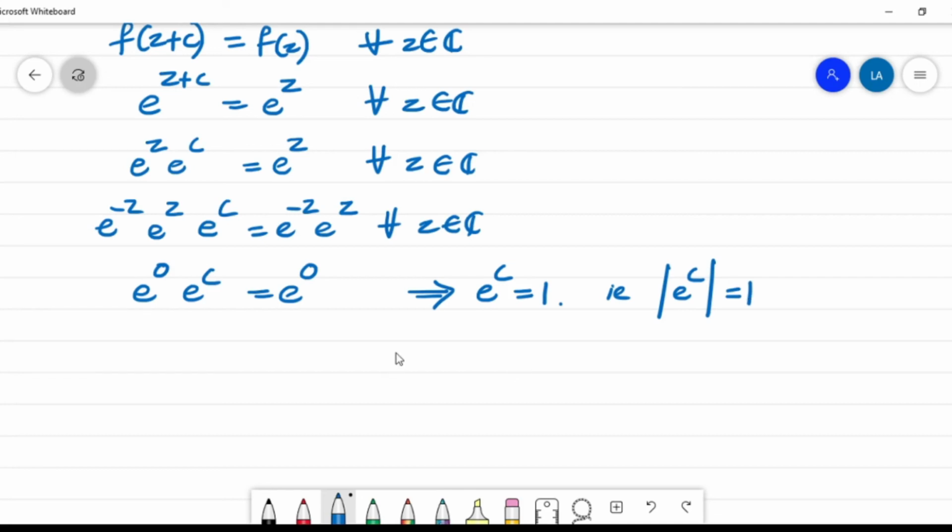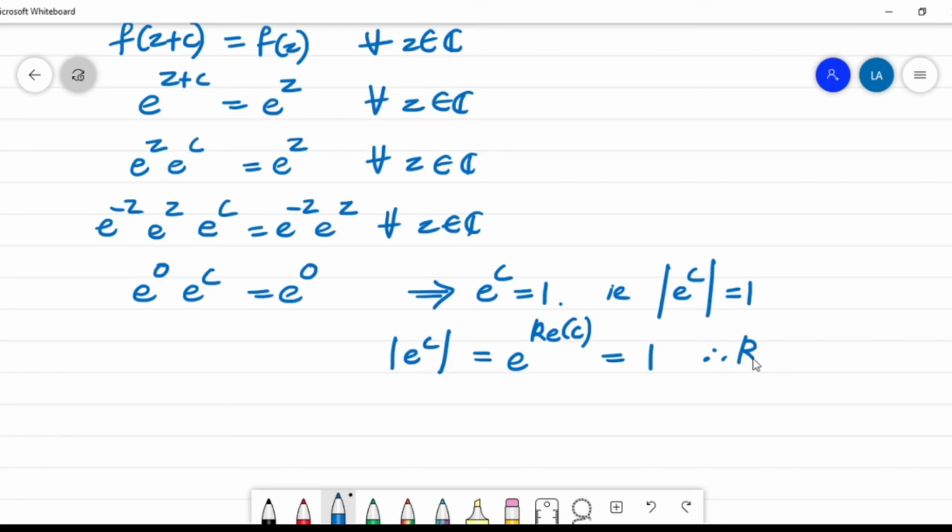But modulus of e raised to C is e raised to the real part of C, right. So, we got this to be 1, right. So, real part of C is a real number, so e raised to a real number is equal to 1.